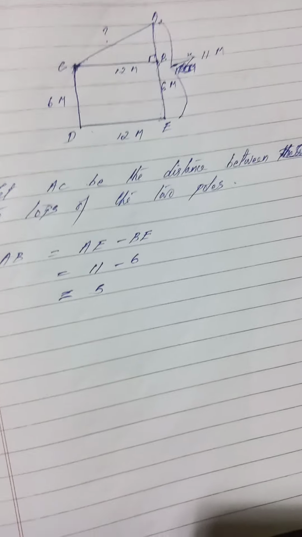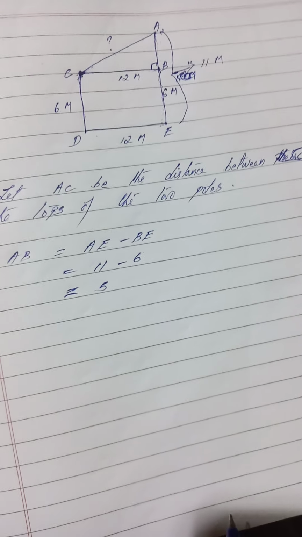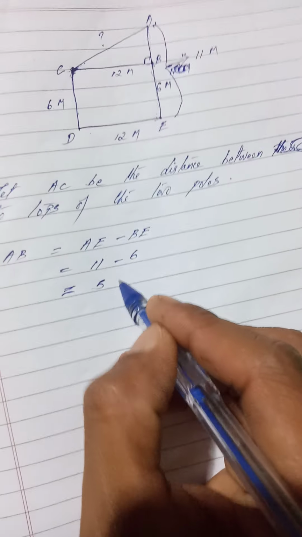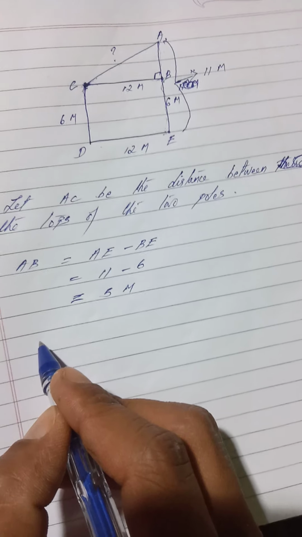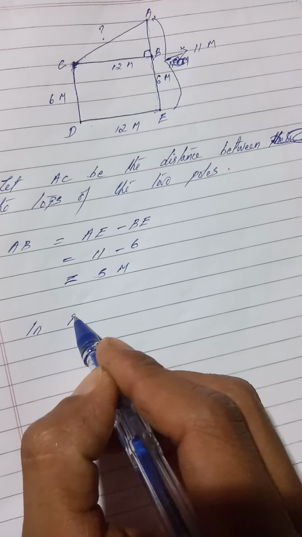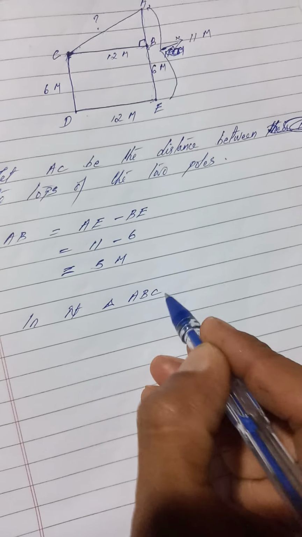Now AB is, we know, 5 meter, so we can easily calculate AC in right triangle ABC.